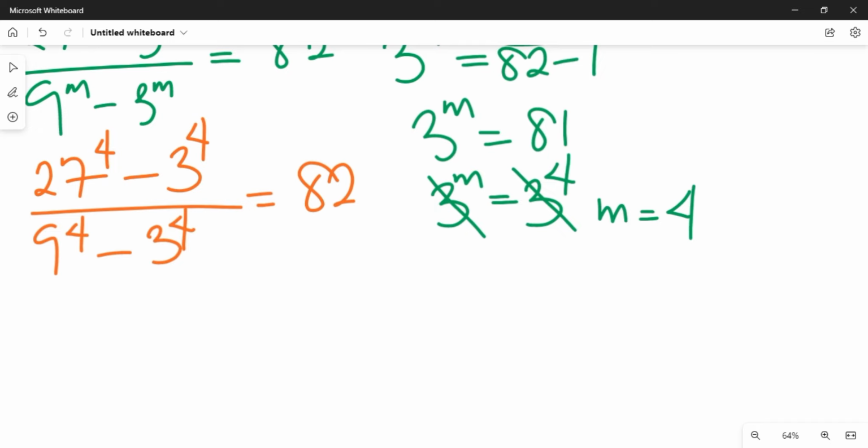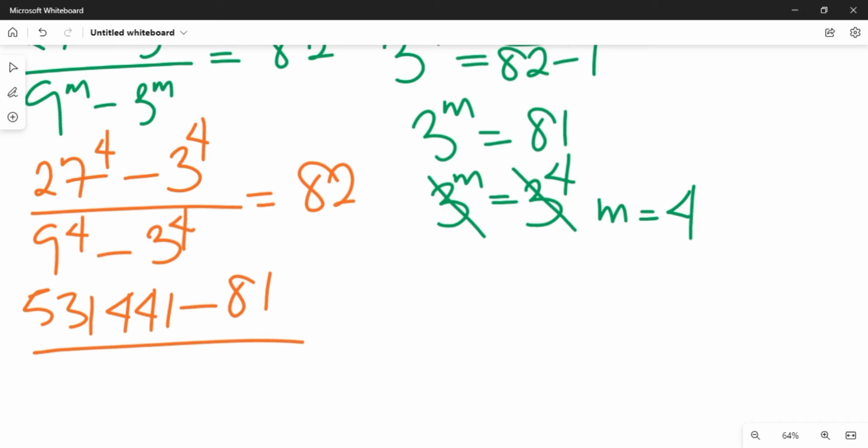27 raised to power 4 will give us 531,441 minus 81 all over, this will give us 6561 minus 81.